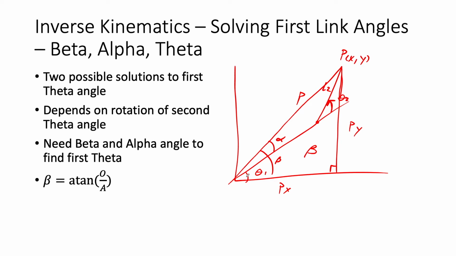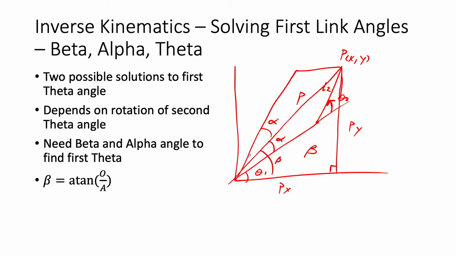And if we have those two, then in this case, theta 1 is going to be equal to beta minus alpha. However, again, remember that if we were using the negative theta in this case, it changes in different quadrants, but this would be our alpha angle in this case.